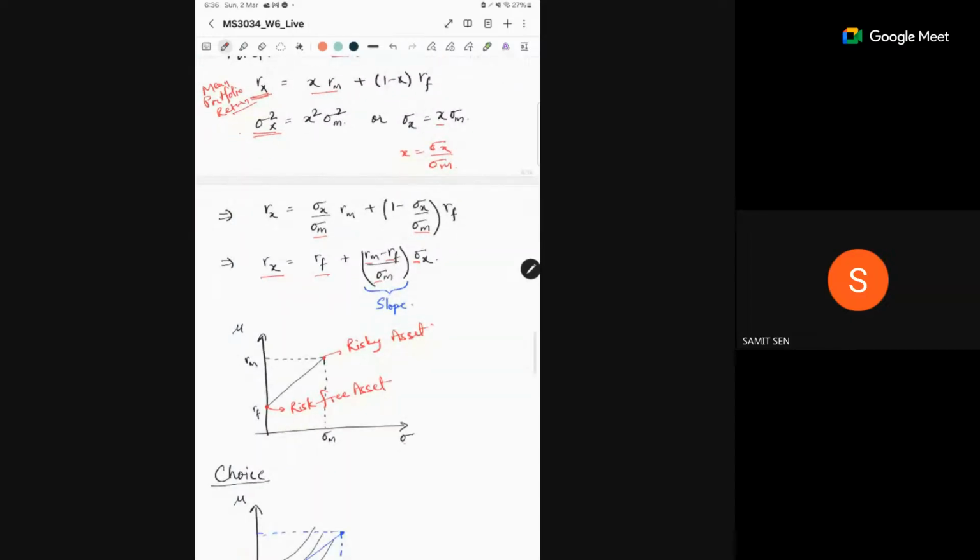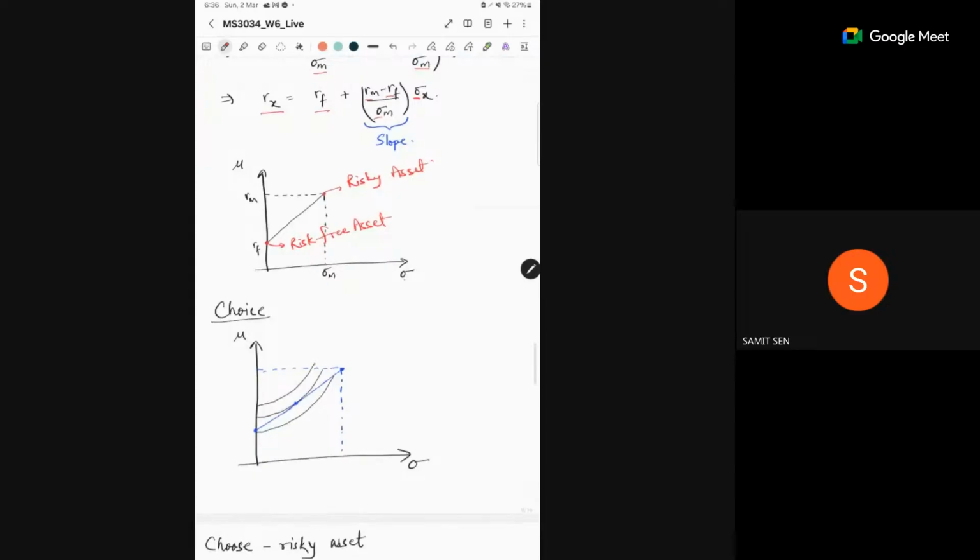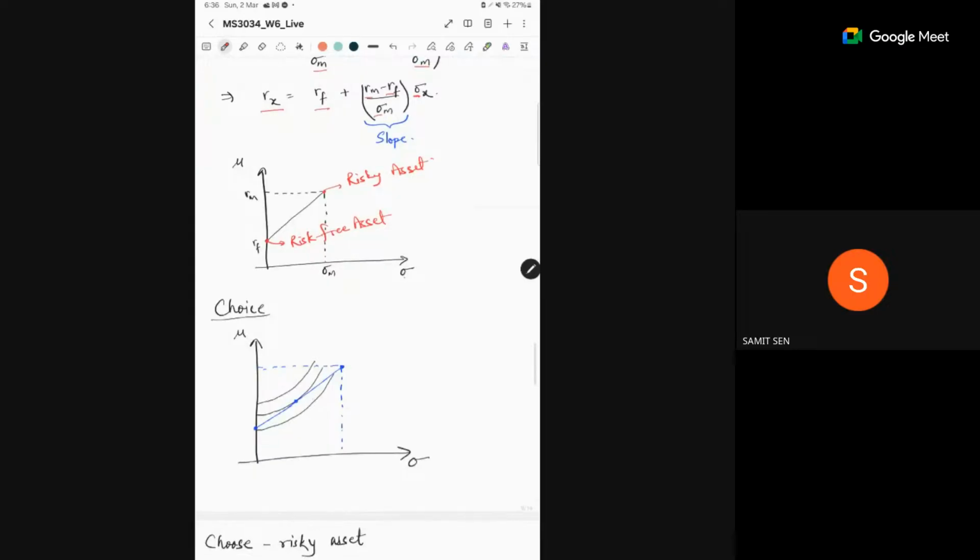Now we do the same analysis. We have preferences which were represented by these upward sloping indifference curves, and we have this upward sloping budget constraint. The optimal point would be the one where the indifference curve is just tangent to the budget constraint.